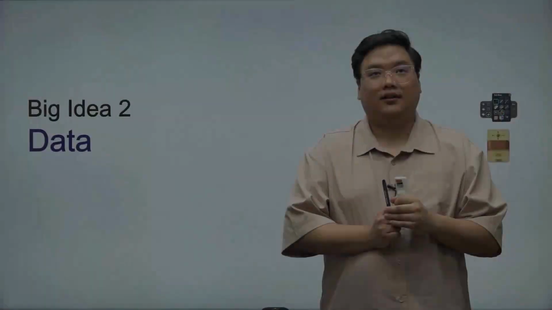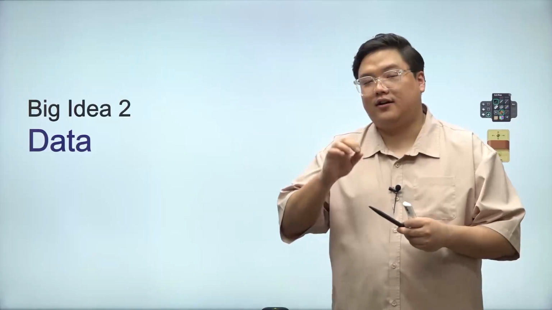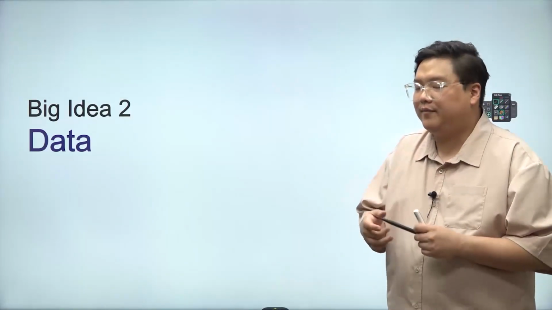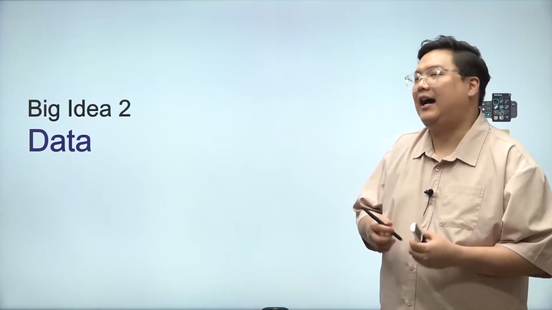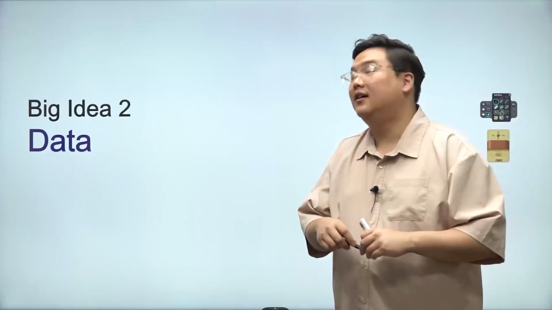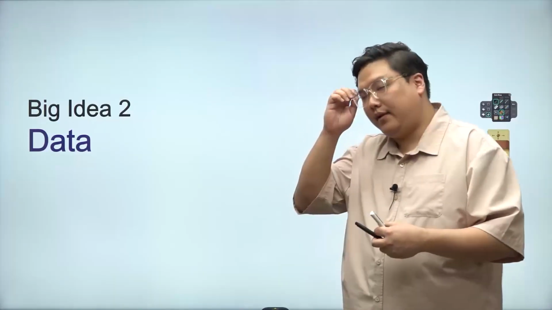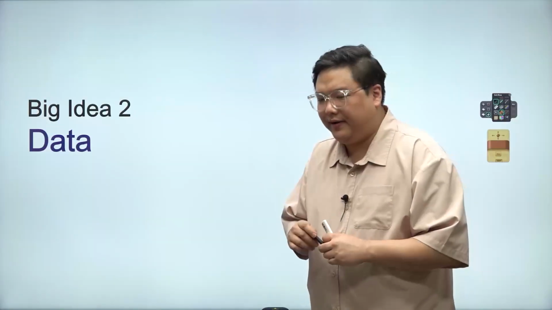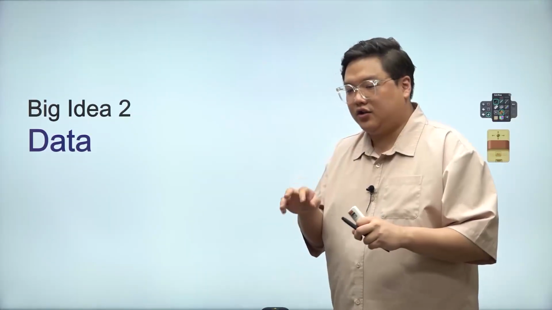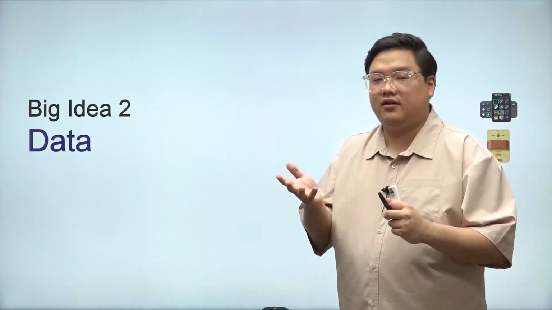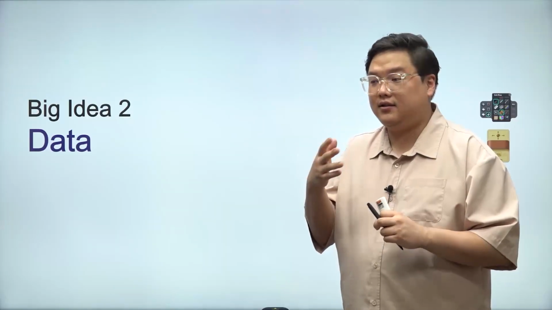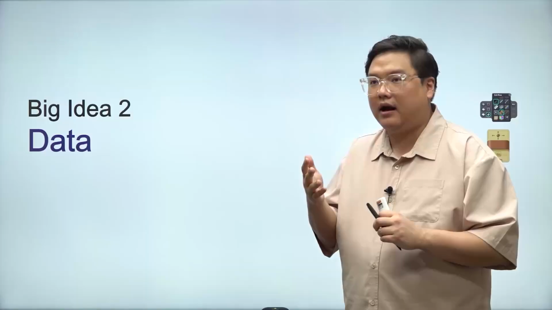All right, guys, now let's get started on Big Idea 2, data. A lot of computer science, well, I would consider that everything about computer science is about data, right? Even if you're playing games, as I mentioned in the previous lecture, pressing the keys to move a character in a game is also manipulating the data behind the scenes, like the coordinate data of the character.